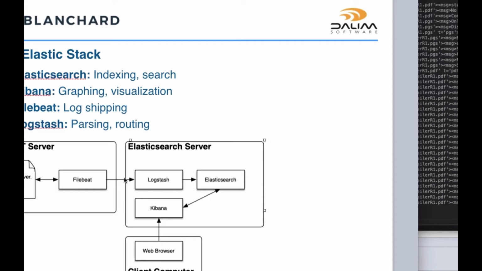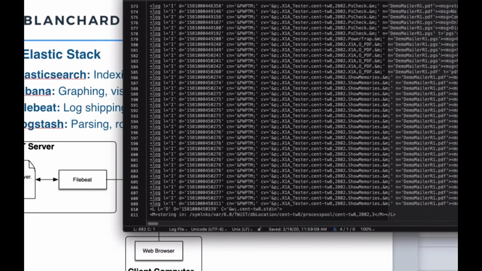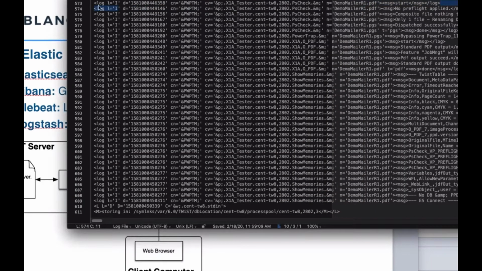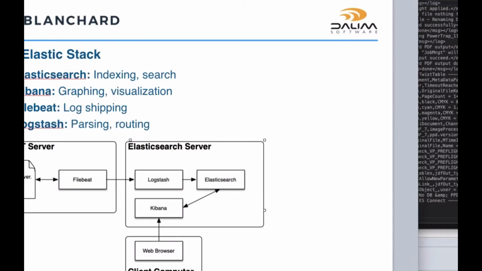Logstash is a log parsing and routing utility. So we can manipulate this data rather than just sending one of these raw ugly log lines direct to Elasticsearch. We can break it apart and digest the different chunks we're interested in, and then convert them into something a little more usable to the end user.